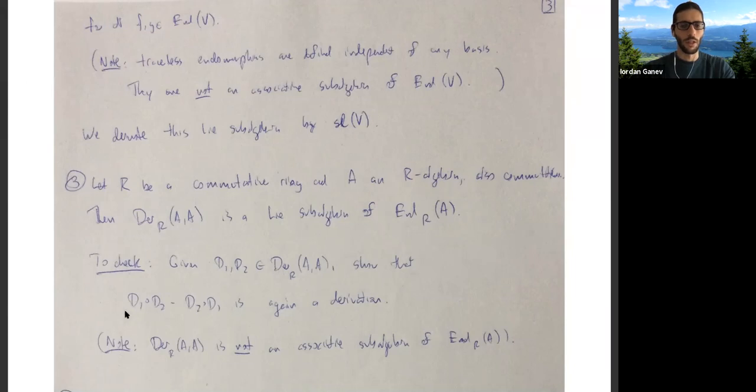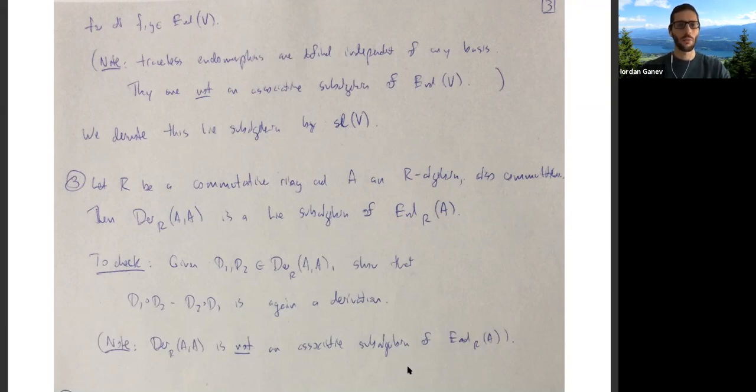If we have two derivations, you can just go through and check that this difference of the compositions in different order is again a derivation. So again, this is another example where we have a Lie subalgebra of the endomorphism algebra of an associative algebra that's not itself an associative subalgebra of the original algebra.